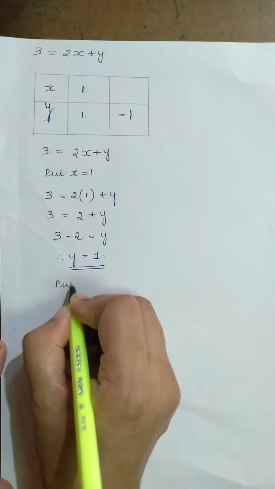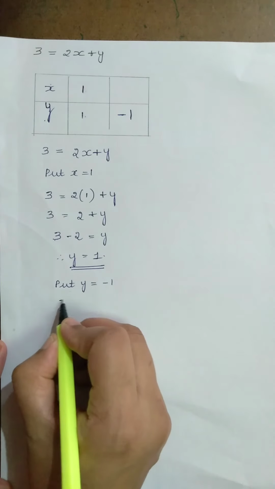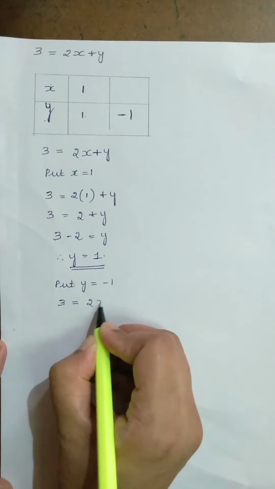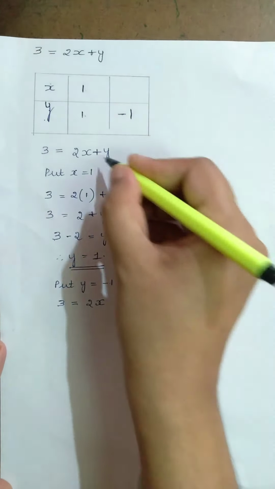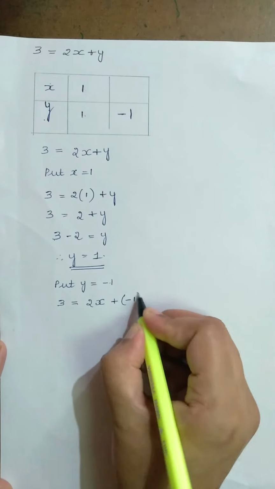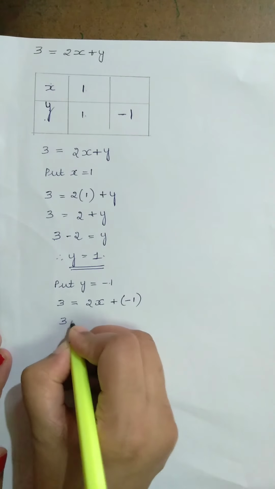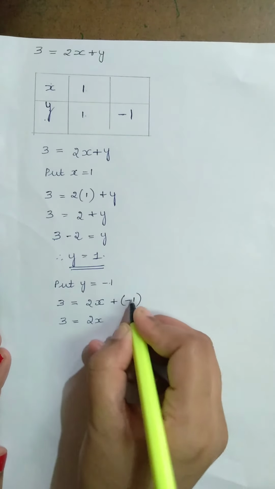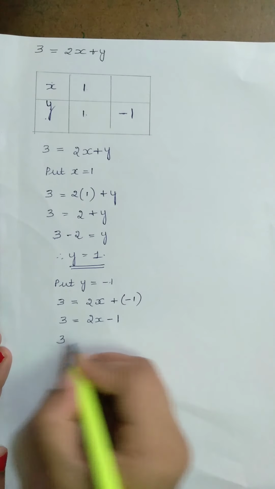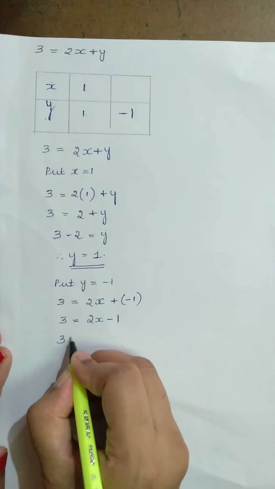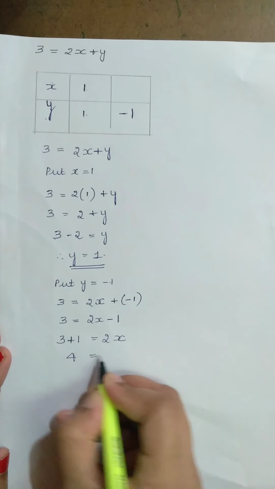Put y = −1 in the equation: 3 = 2x + (−1), so 3 = 2x − 1. Taking −1 to the left side it becomes plus 1, so 3 + 1 = 2x.